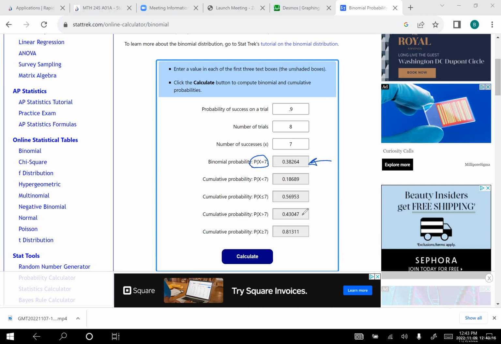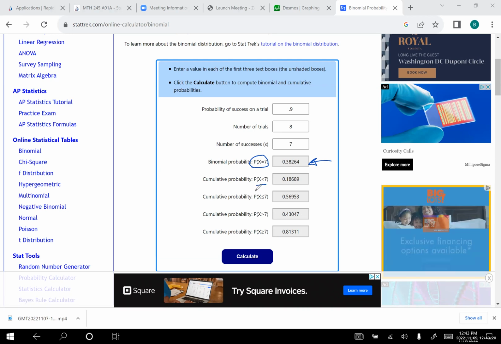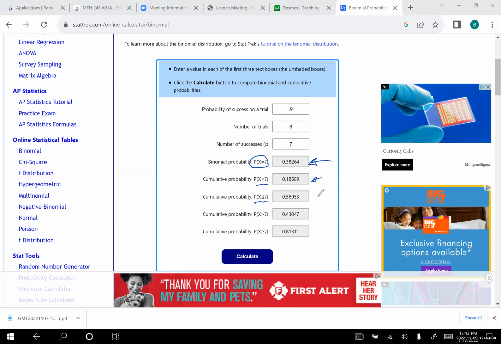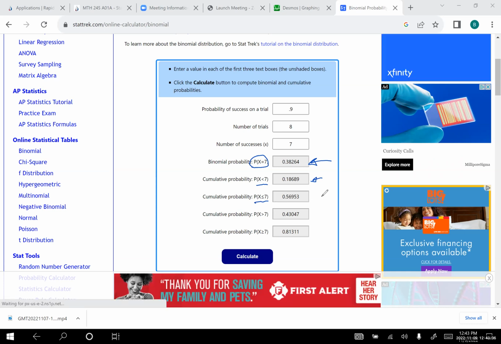You say, well, what are these other numbers? Well, this is X less than 7. So what's the probability of you getting less than 7 successes? That's 18%. What's the probability of you getting 7 or less successes? 56%.